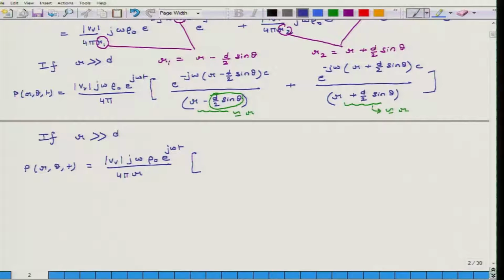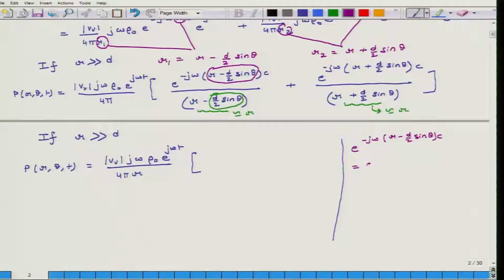Now, the other thing is that one may do a similar approximation in this term also, but then that will not be mathematically wise. Why do I say that? So, just consider this, e to the power of minus j omega (r minus d over 2 sin theta) by c is equal to what?